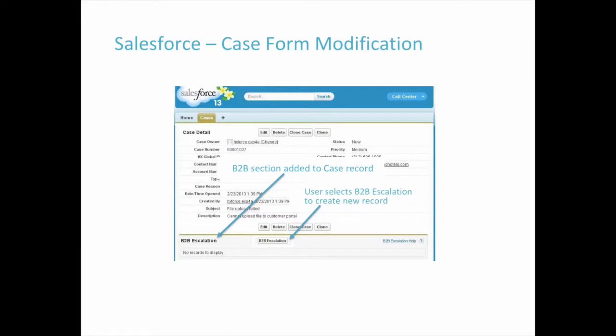When the engineer needs to escalate, he clicks the B2B escalation record. These labels can be changed as well. We've seen some members change B2B escalation to TSANet escalation, so based on your internal communication and scope of usage, you're able to modify these labels.